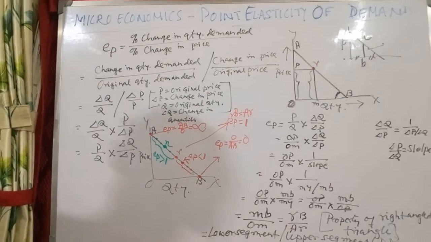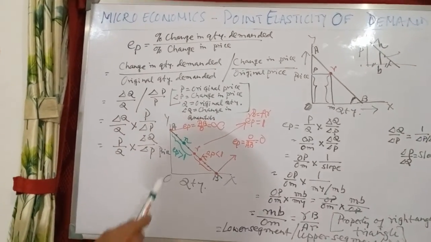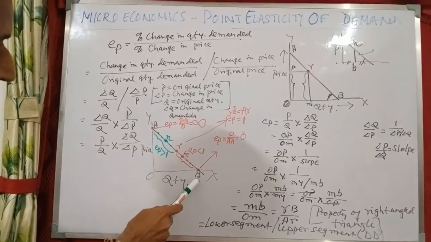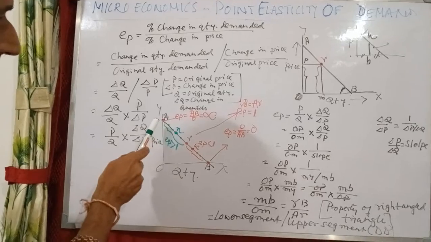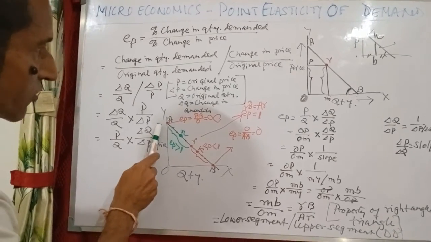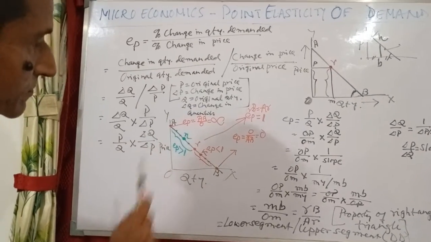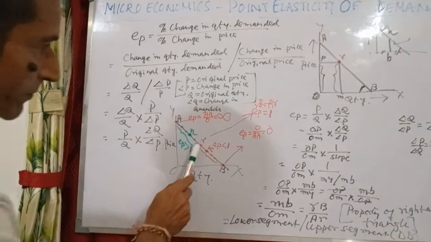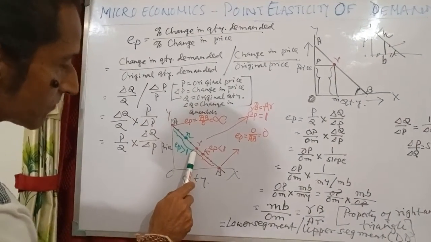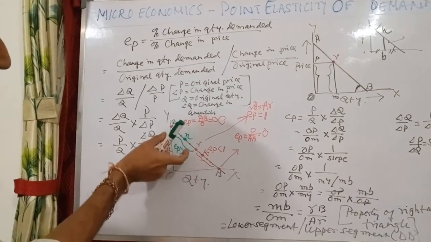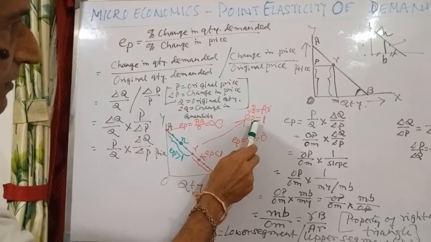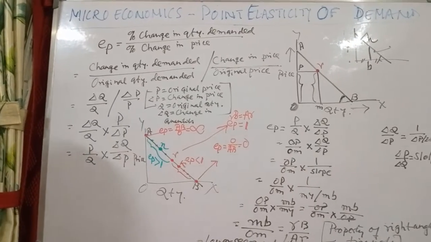So as one moves down the demand curve from point A to B, elasticity falls from infinity to 0. At the midpoint, that is at point R, lower segment is equal to upper segment. So at point R, EP is 1.